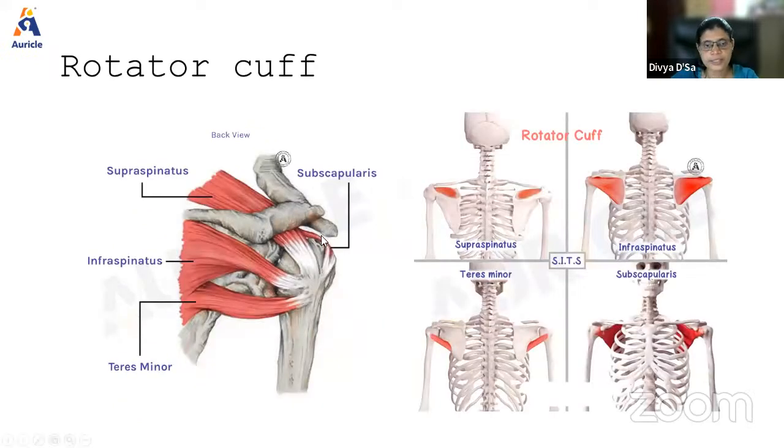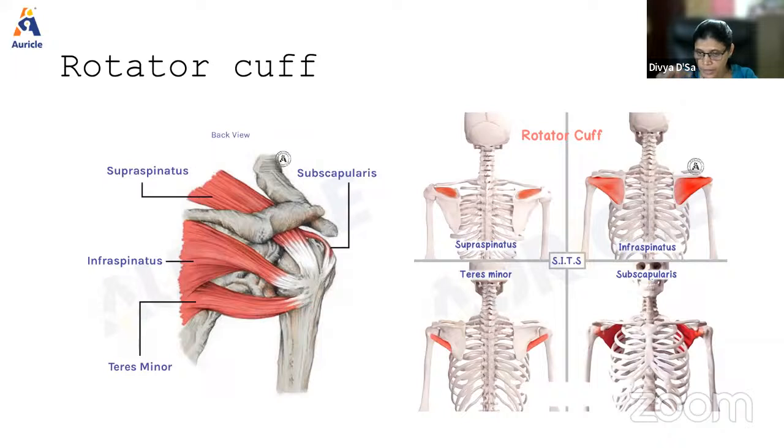We can see here, from the front anteriorly, we have the subscapularis, this is the supraspinatus, infraspinatus, teres minor. So this is called the SITS muscles: supraspinatus, infraspinatus, teres minor and subscapularis altogether. The importance of these cuff muscles is that they play a very important role in stabilizing the shoulder joint.